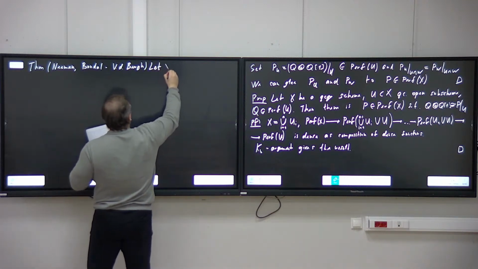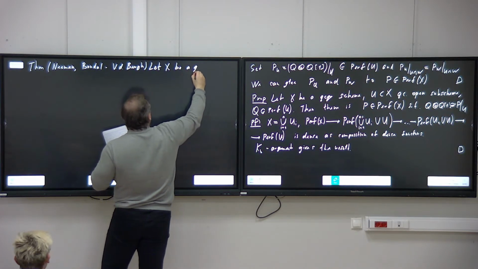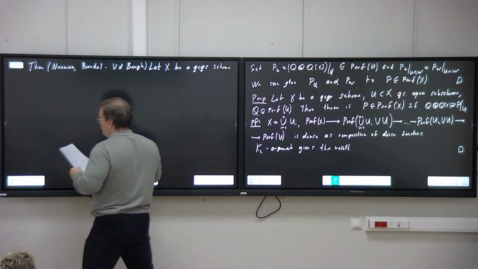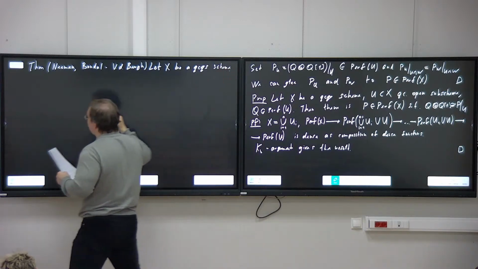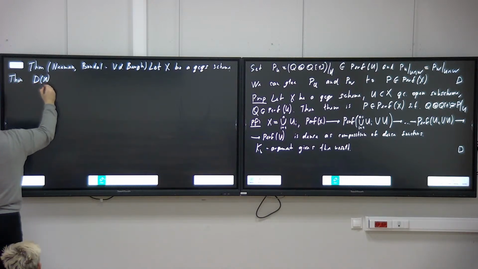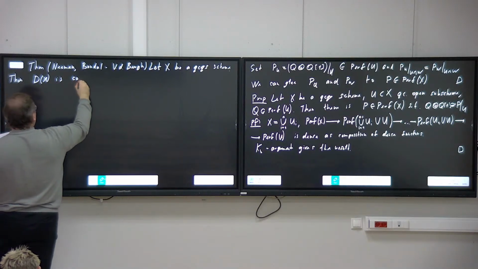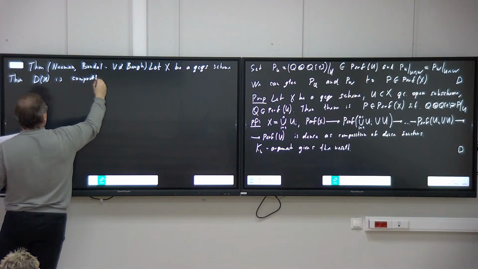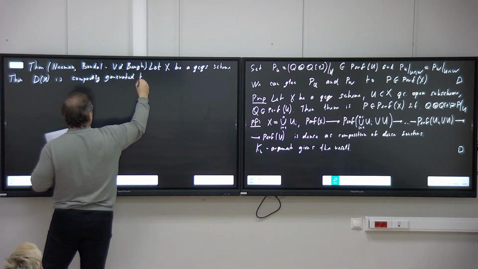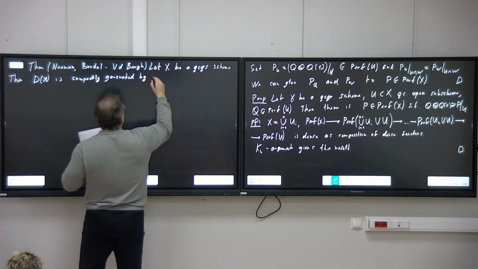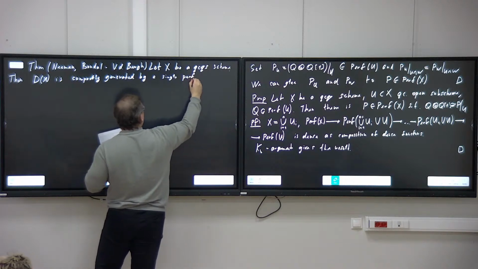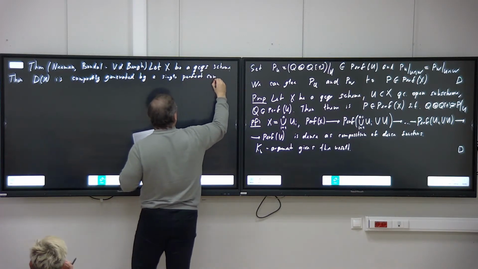Let X be a quasi-compact, quasi-separated scheme. Then the derived category is compactly generated by a single perfect complex.